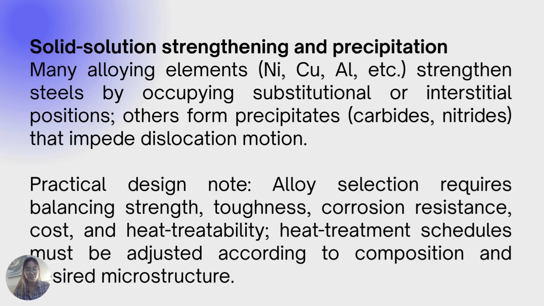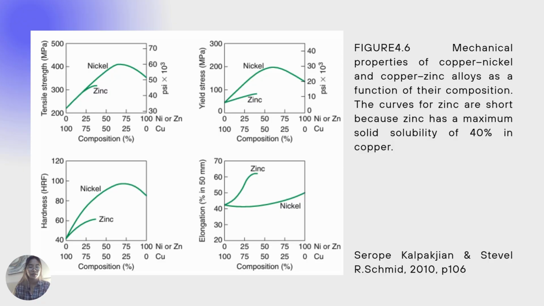Elements like Ni, Cu, and Al occupy lattice sites or form fine precipitates that block dislocation motion, increasing overall strength. In practical design, alloy selection is always about balance between strength, ductility, corrosion resistance, cost, and heat treatability. Each heat treatment schedule must be adjusted to composition to produce the intended microstructure and mechanical properties.